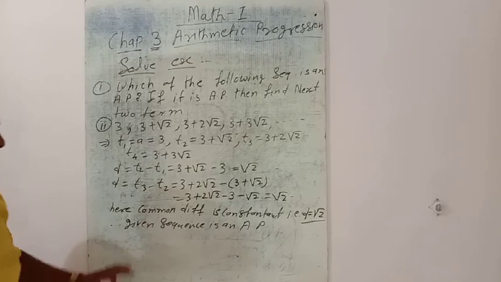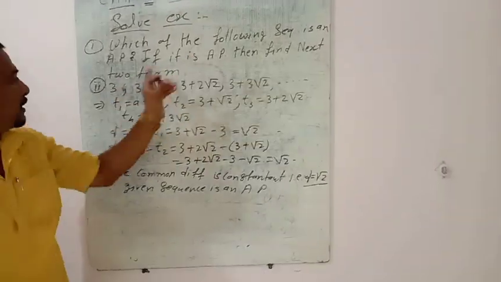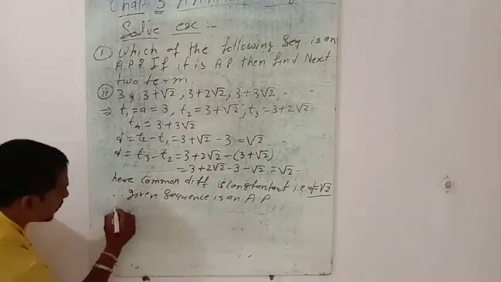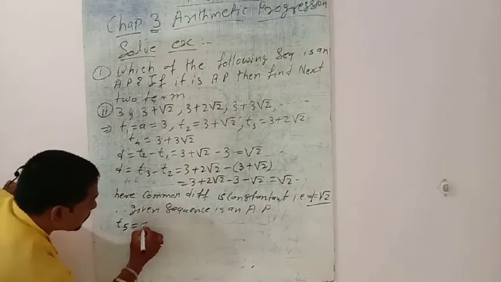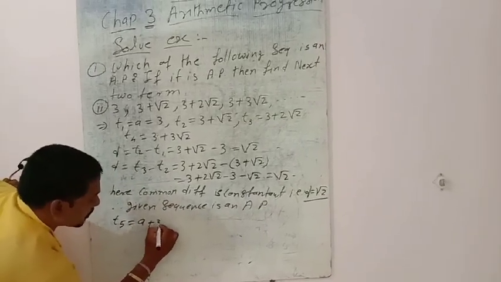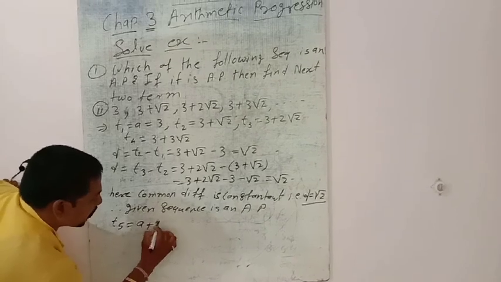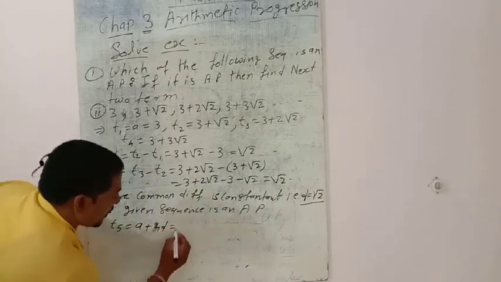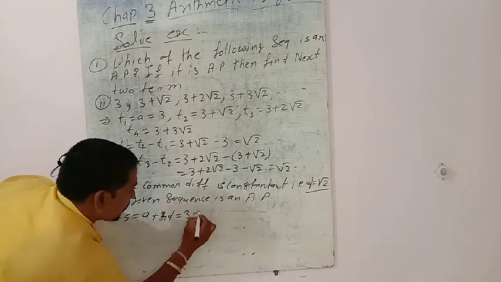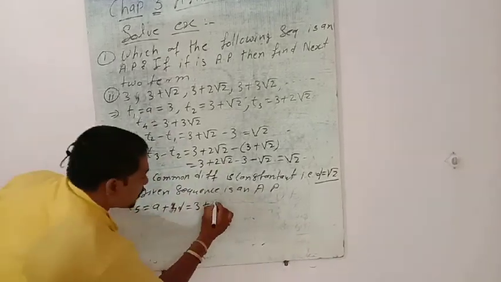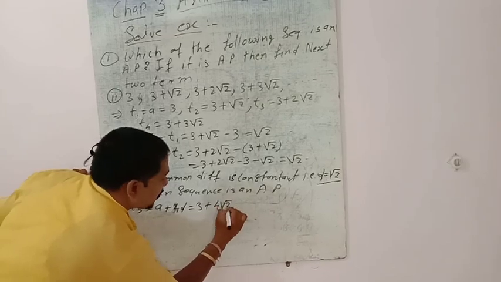So after the given sequence is an AP, to find the next two terms, we find T5, which is equal to A plus 4D. A is 3, plus 4D, which is 4 under root 2.